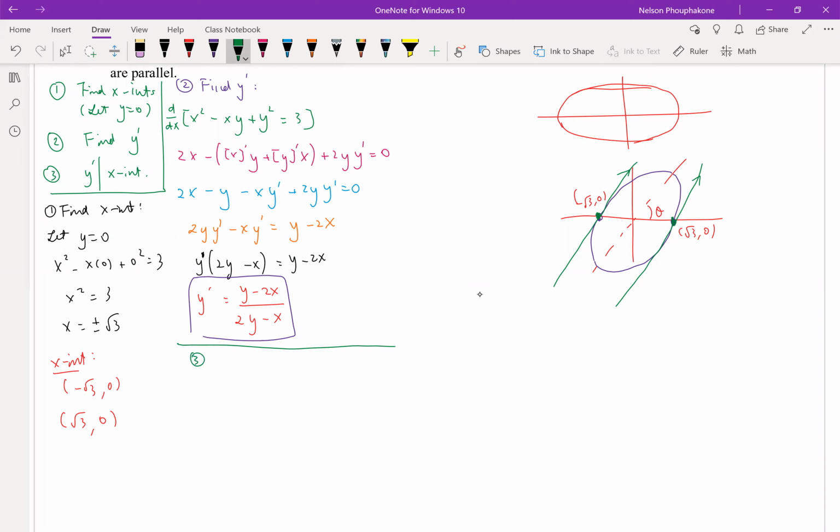So we would like to find y prime at the x-intercepts. With x equal to negative root 3 and y equal to 0, y prime is (0 minus 2 times negative root 3) over (2 times 0 minus negative root 3), so it's equal to 2.